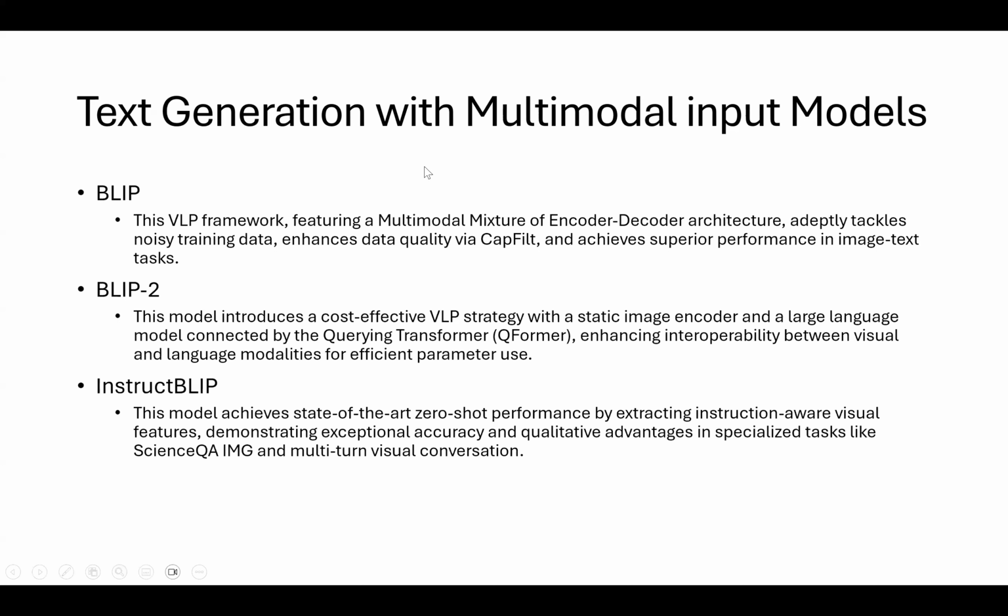BLIP-2 introduces a cost-effective pre-training strategy with a static image encoder and large language model connected with a querying transformer, enhancing the interoperability between visual and language modalities for efficient parameter use.